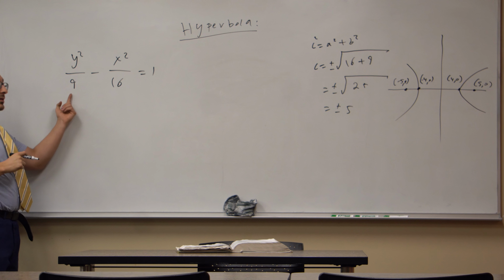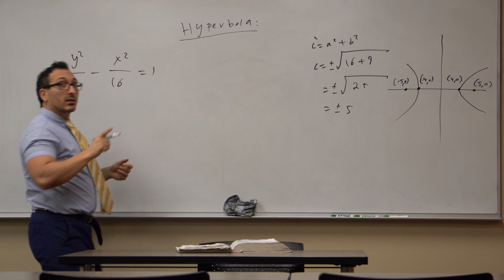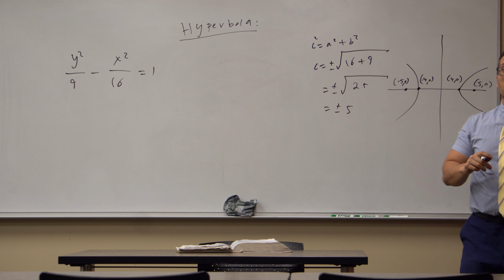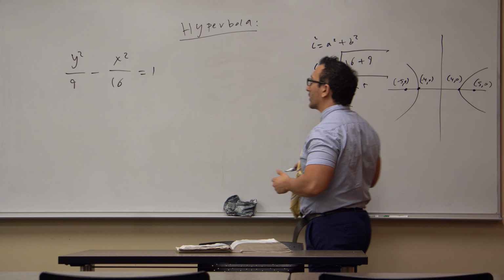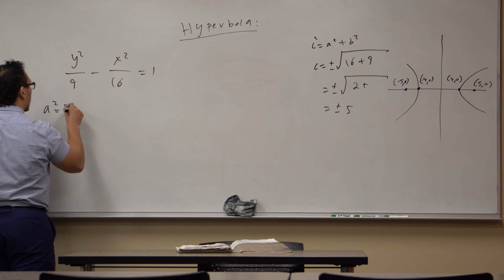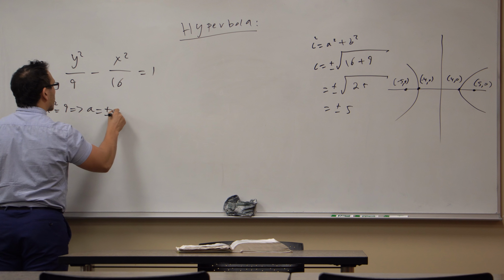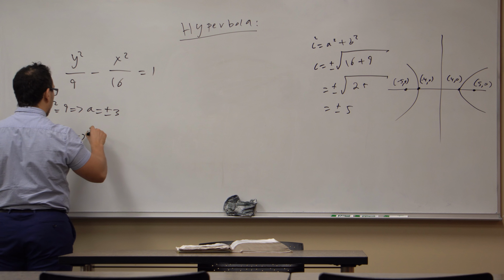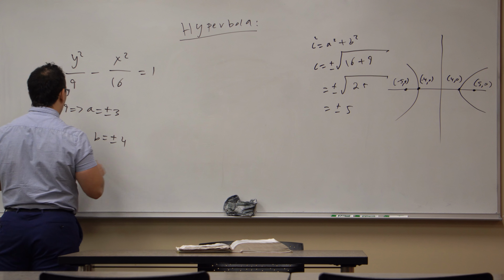Again, notice that the a squared is on the positive term, and notice that a is no longer strictly larger than b, which was true when we dealt with ellipses. So notice here that a squared is equal to 9, implying that a is equal to plus or minus 3. Notice that b squared is equal to 16, which implies that b is equal to plus or minus 4.